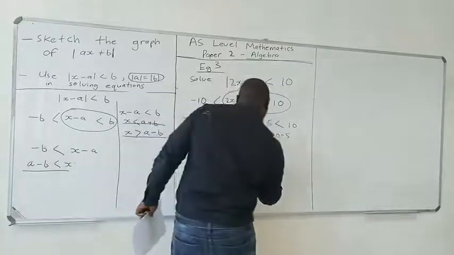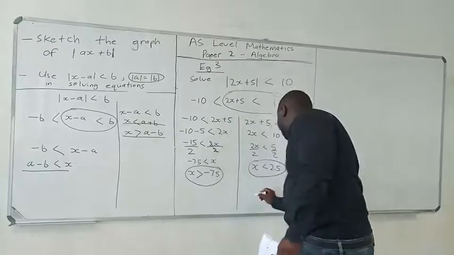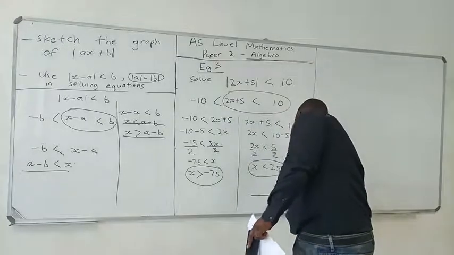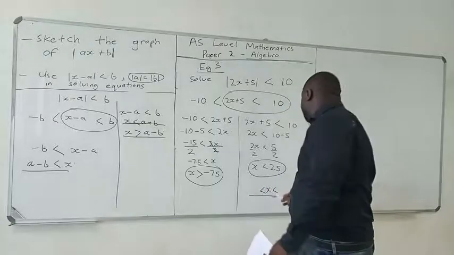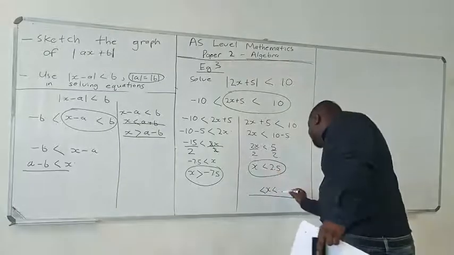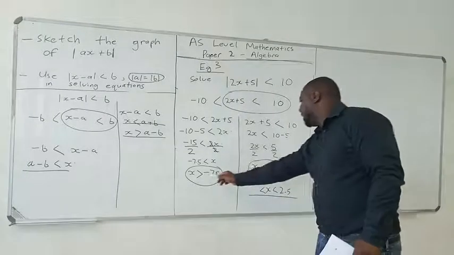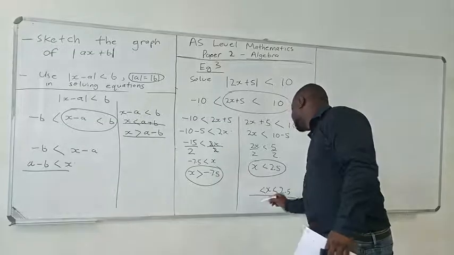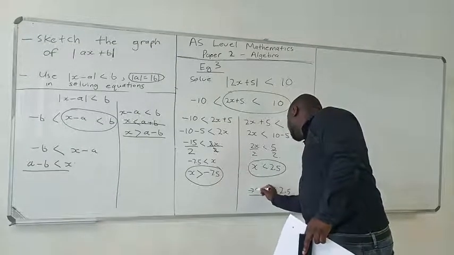So these are our two final answers, which can be expressed together. X is less than 2.5, so we write 2.5 here. X is greater than negative 7.5, so we write negative 7.5 over here.